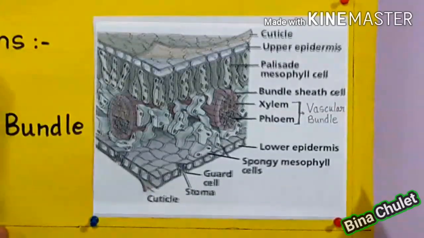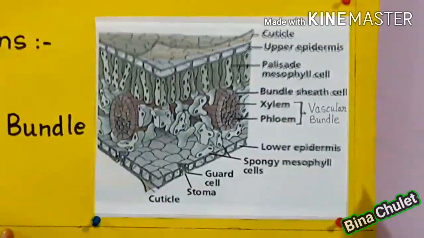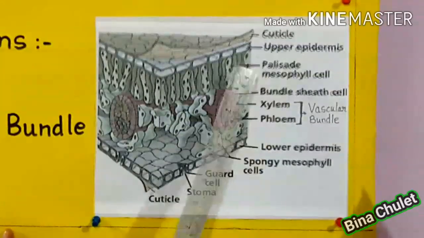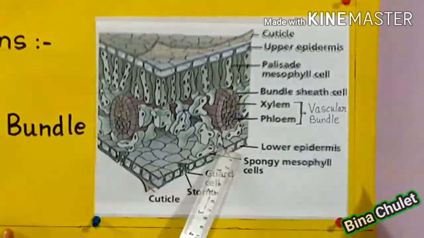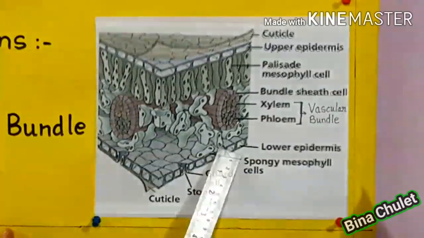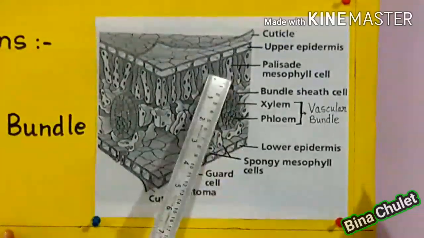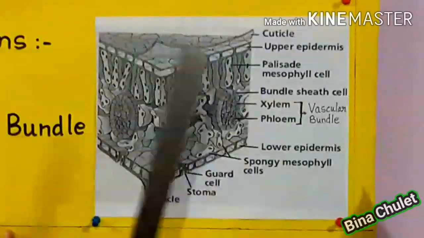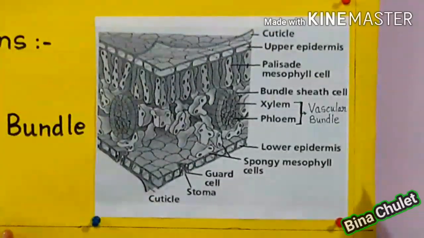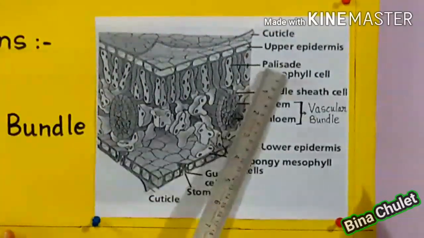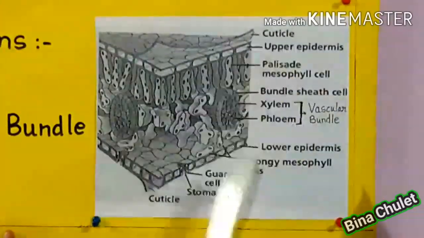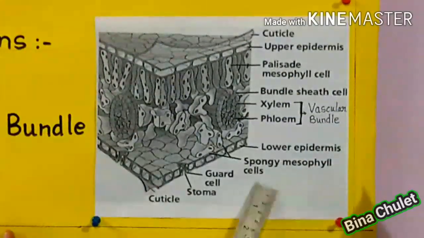The mesophyll cells further, depending upon their position, that's the location, and their shape, are of two types. First is the palisade mesophyll cells. The second is spongy mesophyll cells.